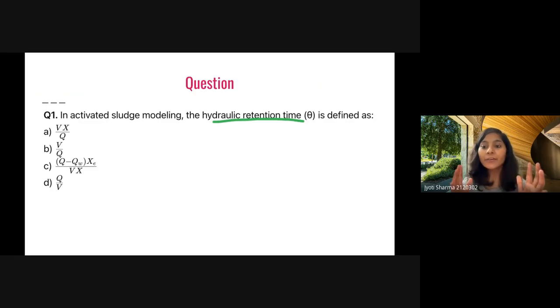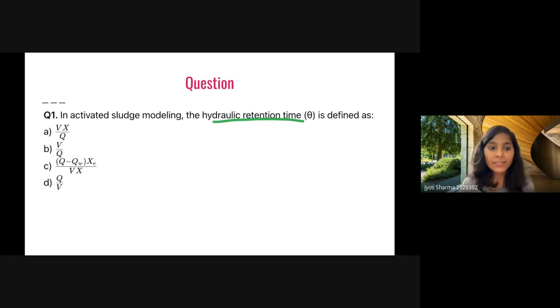Every term whatever we are discussing, either it is yield coefficient or your substrate concentration, microbe concentration, the steady state equation, everything is important to balance out and to increase the efficiency of your BOD removal, right? So that's how we are learning these terms. And the one term is hydraulic retention time, and you have to tell me what is the formula for hydraulic retention time. So first you have to understand what it means.